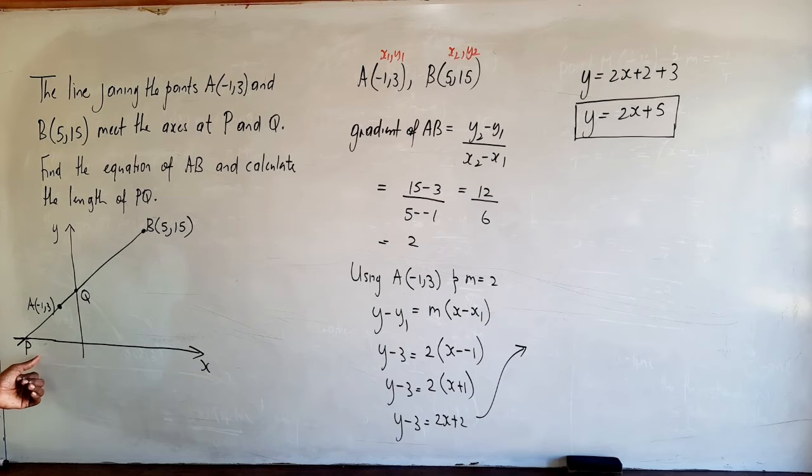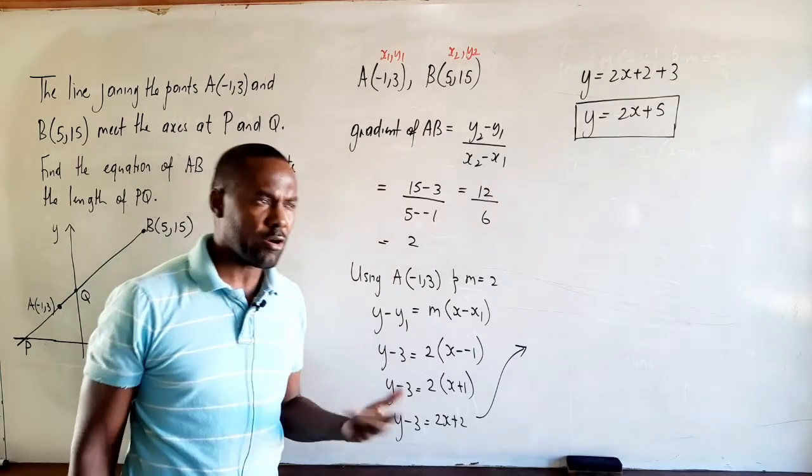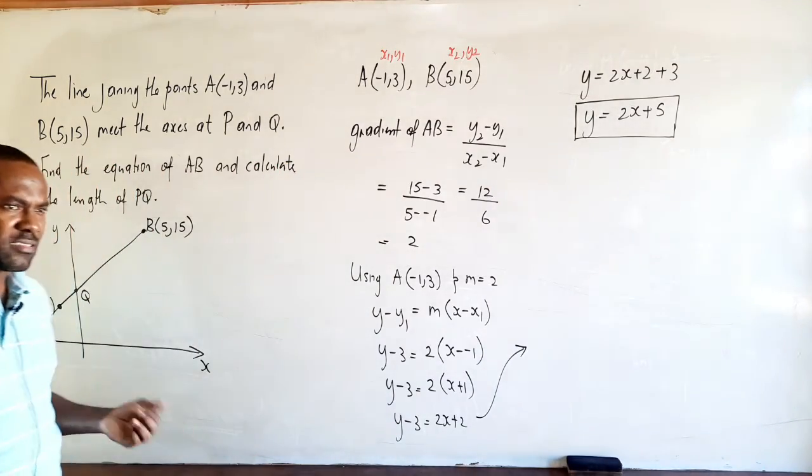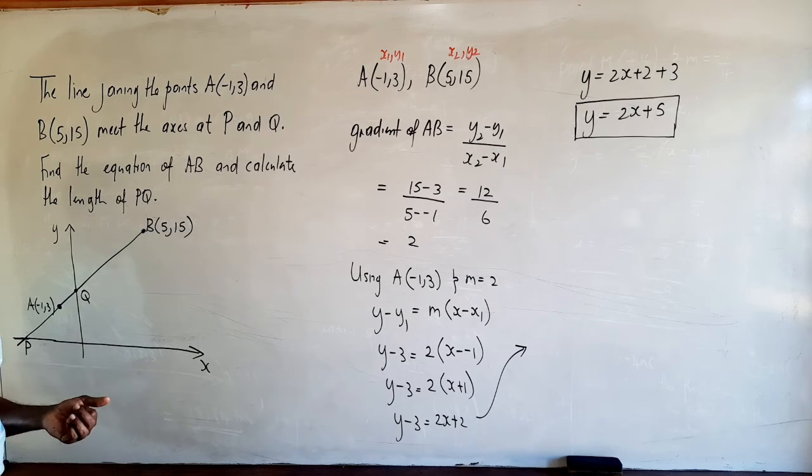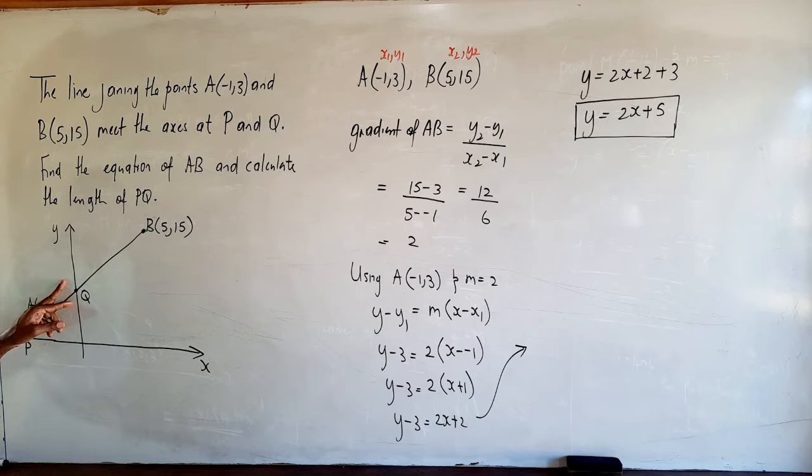When any line or curve cuts or touches the x-axis, at that point the y-coordinate is equal to 0. Similarly, wherever the line cuts the y-axis, the x-coordinate there will be equal to 0.